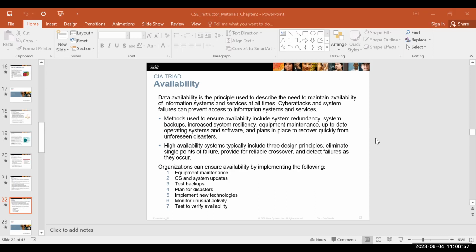We are to eliminate single points of failure, meaning that if, for example, in the topology, I cut a wire in a certain area and some places lose connection, that is not a good design. So we should eliminate single points of failure.